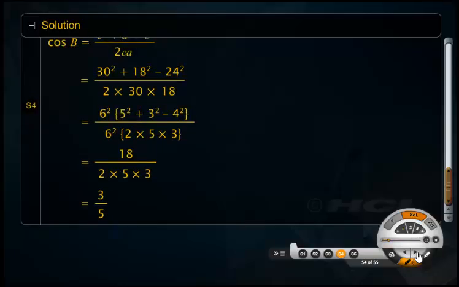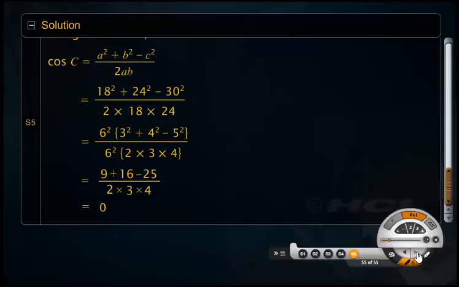Next, apply the cosine rule for cos B and substitute the corresponding values. Thus, on simplification, we get the value of cos B as 3/5. Similarly, apply the cosine rule for cos C and substitute the corresponding values. Thus, on simplification, we get the value of cos C as 0.